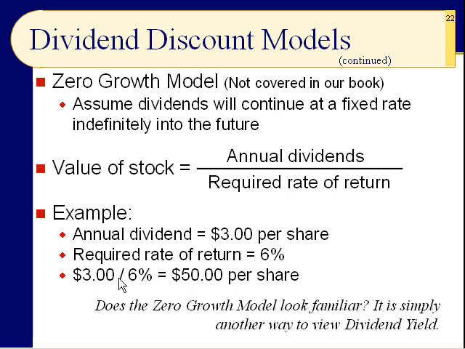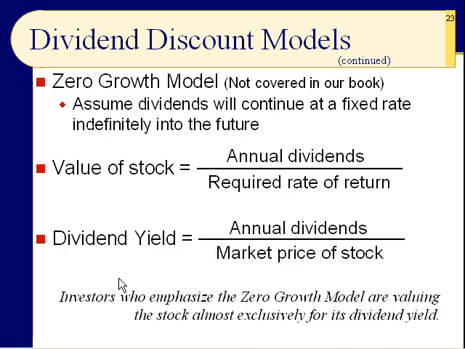We would be happy to pay $50 for this share of this company because we are going to get basically 6%, $3 from them every year. Does it look familiar? Well, really, it's just another way to view the dividend yield. So if you remember the dividend yield, that was the annual dividends divided by the market price.